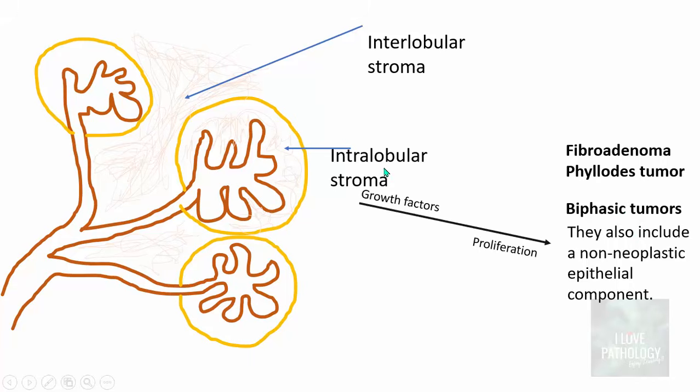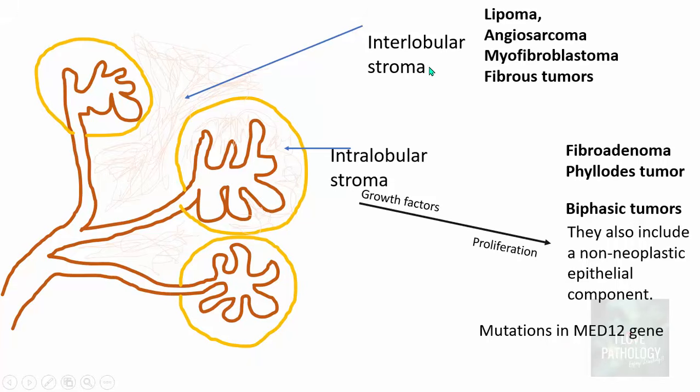See, the growth factors from the stromal cells help in proliferation of the epithelial component in these tumors. Okay, so the epithelial component grows by the growth factors which are released by the stromal cells in the intralobular stroma. Most often, in the majority of cases, there will be mutations in the MED12 gene.